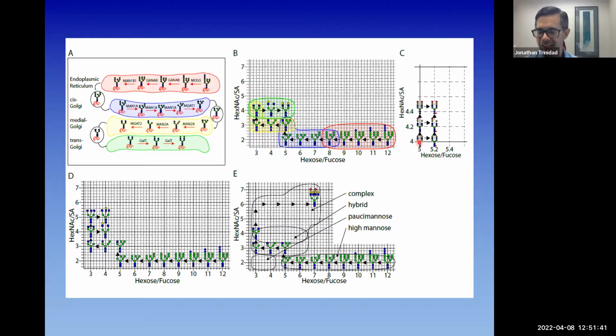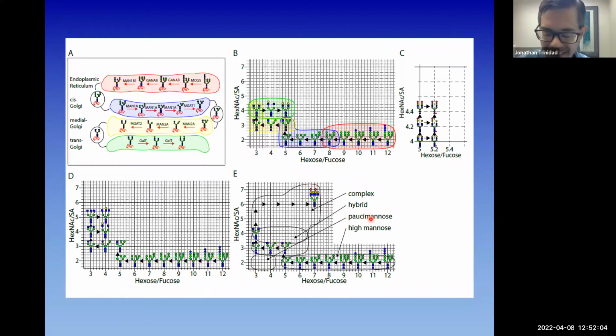So at exactly 5 and 4, it's got 5 hexoses, 4 hexnacs, no sialic acids and no fucoses, but you go over or up in 0.2 increments and you can express this. All right, and so I'm plotting out some other biosynthetic maps here, and then showing you some nomenclature of N-glycans, where they might be in the map.